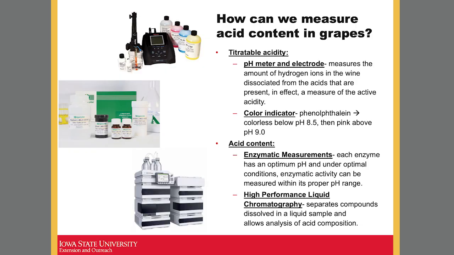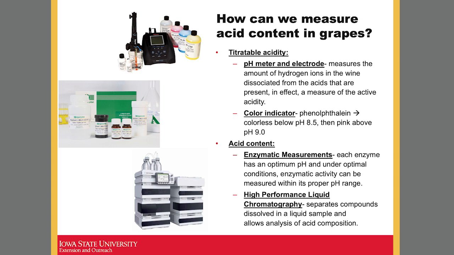So how can we measure acid content? The first type of measurement, as I explained, is titratable acidity. That can be done by using a pH meter and an electrode, and that's what we're going to do today. If you don't have a pH meter, you might be able to measure titratable acidity using a color indicator, which is phenolphthalein.